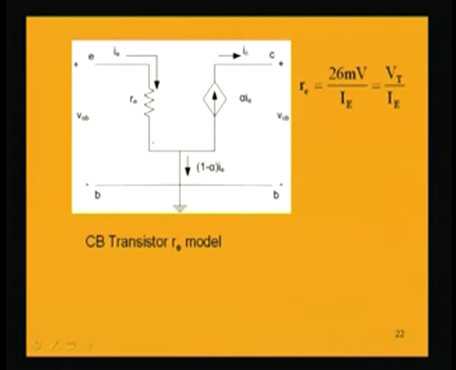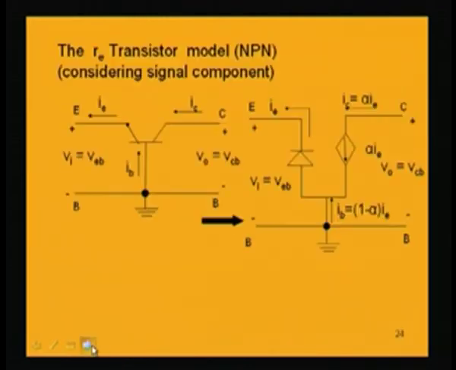Now, this example was for the common base PNP transistor. If we consider the common base NPN model, it will be similar. The only difference will be the direction of this forward bias diode, since it is NPN: this is N, this is P, this is N. So, the diode will be forward biased from P to N, so the direction will be like this.